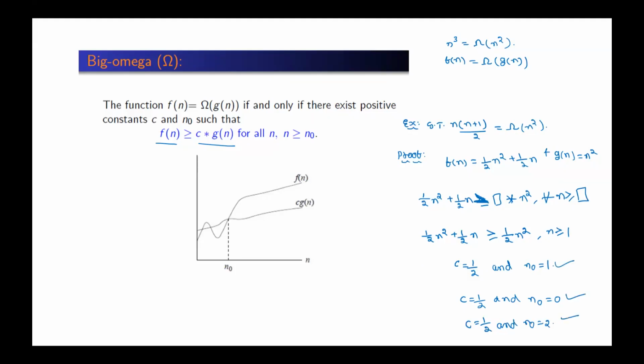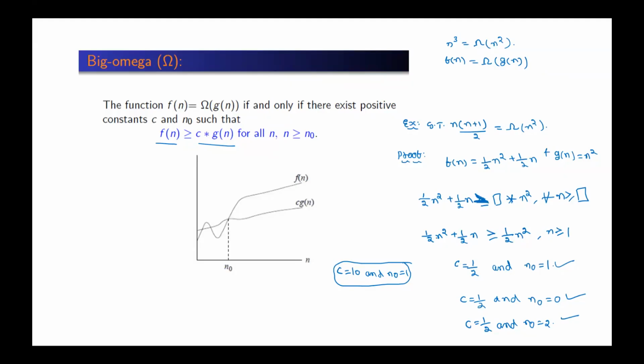If it is true for c equal to 1 by 2, whether it will be true for c equal to 10 and n naught equal to 1? No. Why? Because if it was less than or equal to, then it is okay.